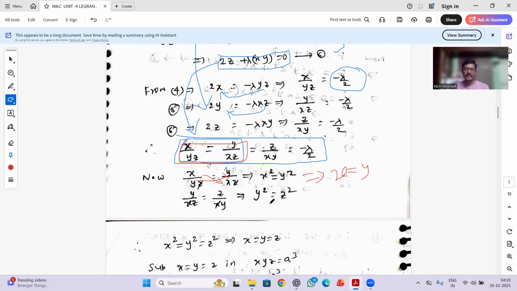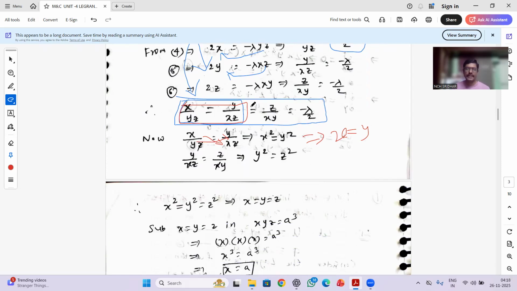Now in the same way, I am taking the second pair of equations: y by xz is equal to z by xy. Here x gets cancelled. Cross multiplying, y into y is y square, z into z is z square.